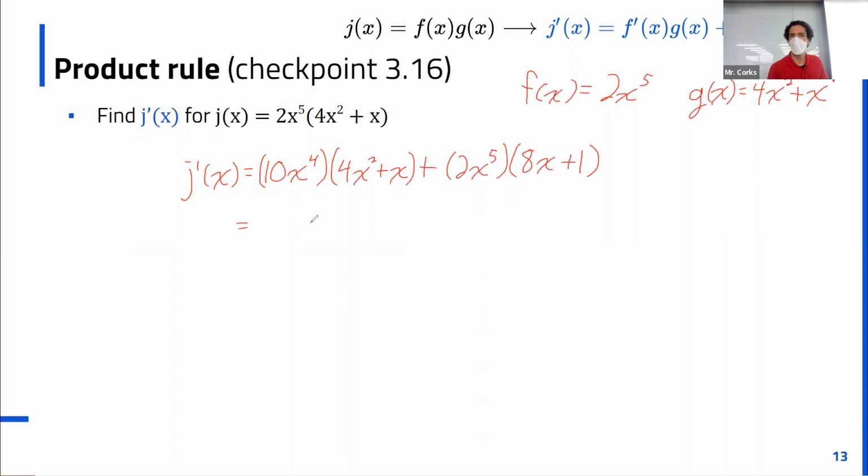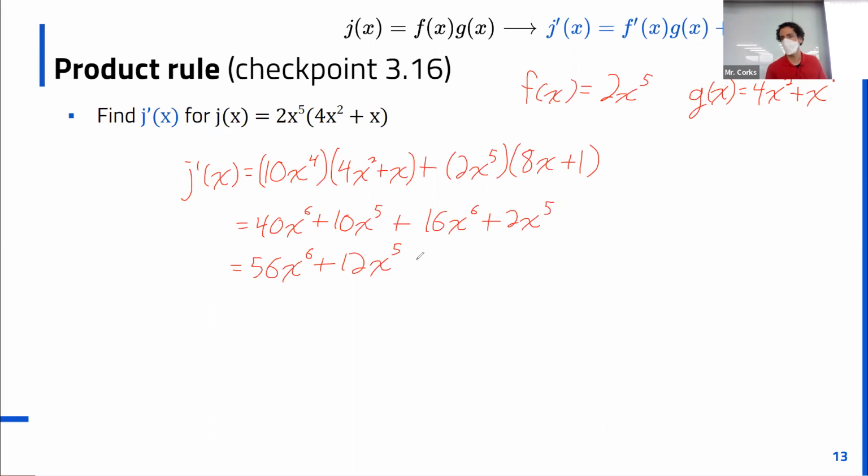All right, and then we just expand, so 40x to the exponent 6 plus 10x to the exponent 5 plus 16x to the exponent 6 plus 2x to the exponent 5, and that gives us 56x to the exponent 6 plus 12x to the exponent 5.